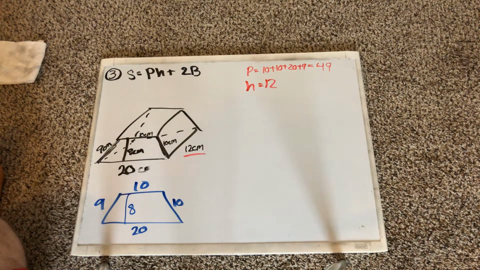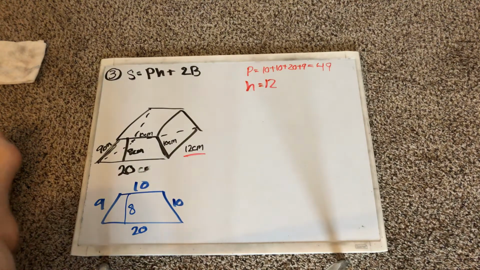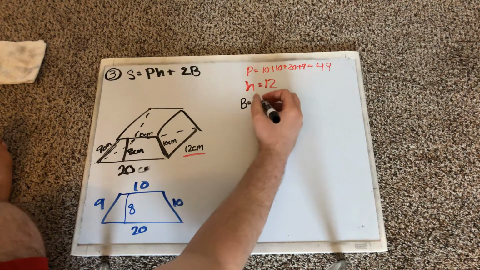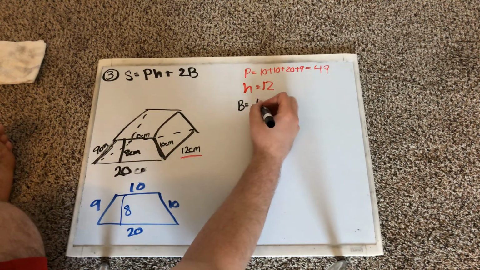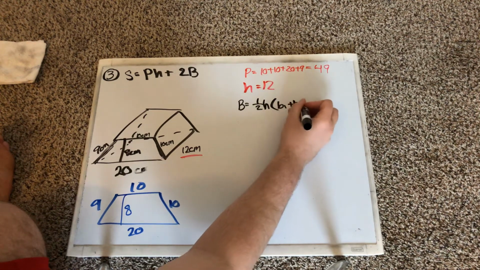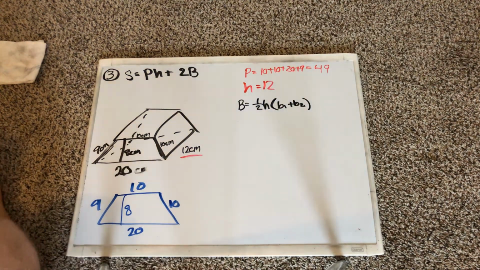Okay, and then I gotta find the area of the base. If we remember from a couple lessons ago, the area of a trapezoid is 1/2 times the height times base 1 plus base 2. So let's fill in some missing information there.